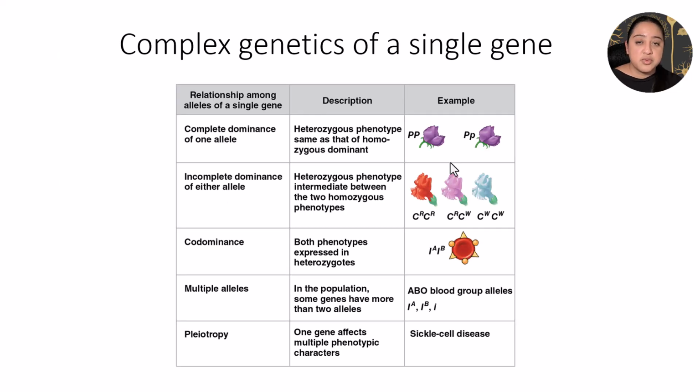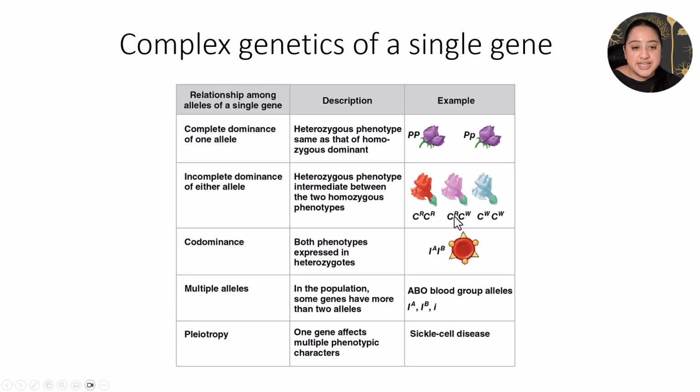Okay, so this is a review summary of the complex genetics of a single gene and how they could be different from Mendelian genetics. This is the simple Mendelian genetics, just complete dominance. Incomplete dominance is, again, when there's a blend.